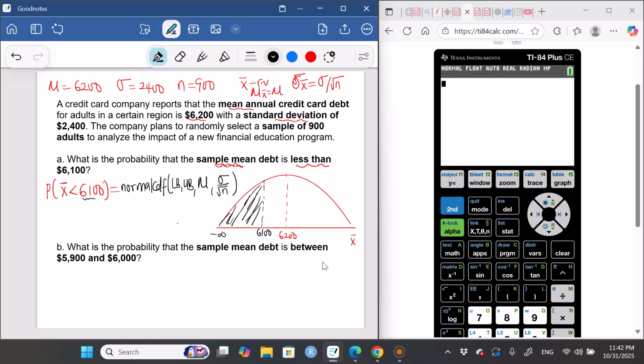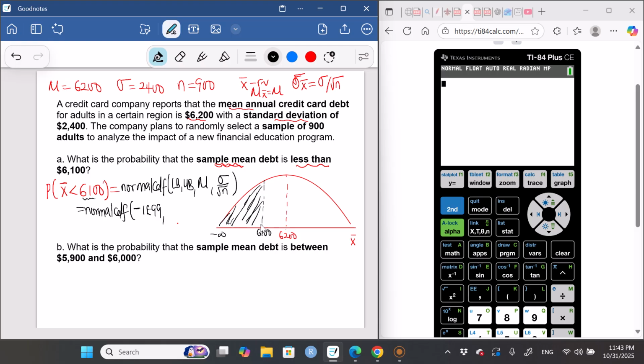So we use the central limit theorem and we use the standard error instead of just the standard deviation. So here we have the normal CDF. If you look at the lower bound here, our lower bound is going to be negative infinity, and we use negative 1e99. You can check my two previous videos for more explanation on the use of the normal CDF.